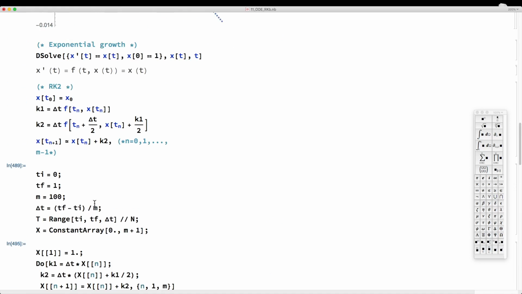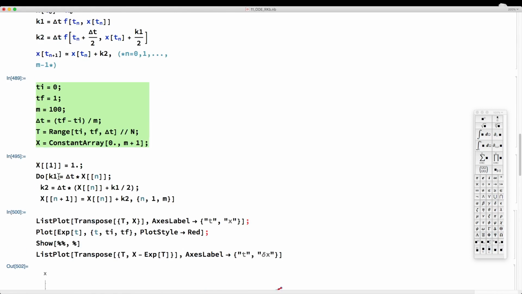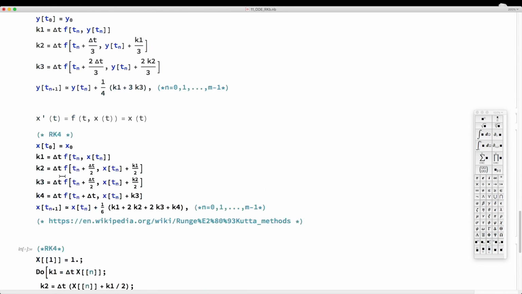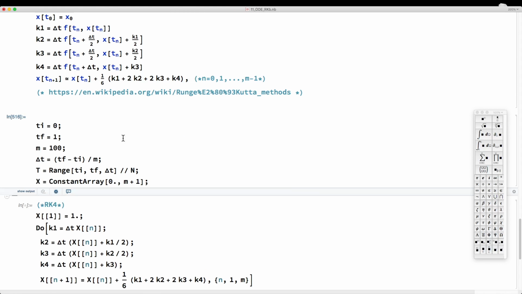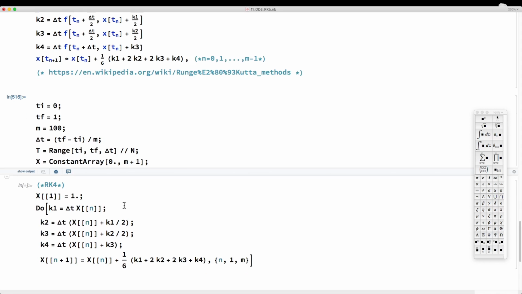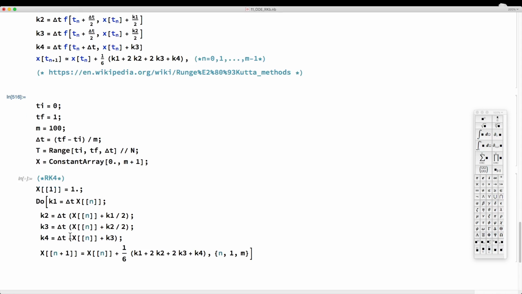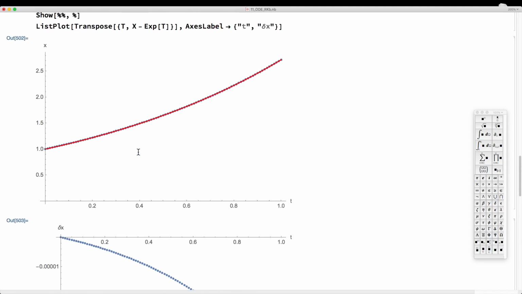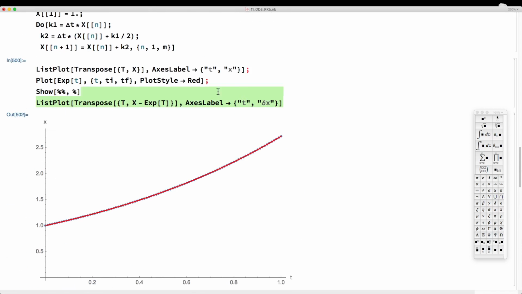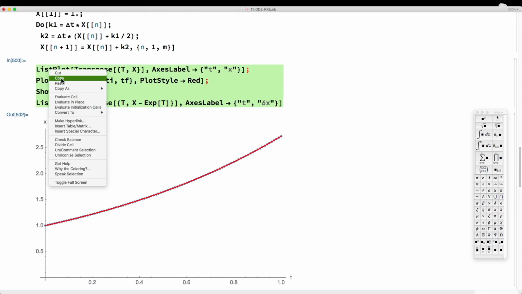And let me copy paste the time grid that we constructed earlier. Okay, so let's do again 100 time steps, and then let's do the do loop, and then we can simply reuse all of these commands to do the plots.